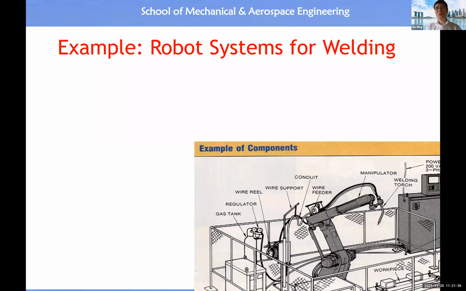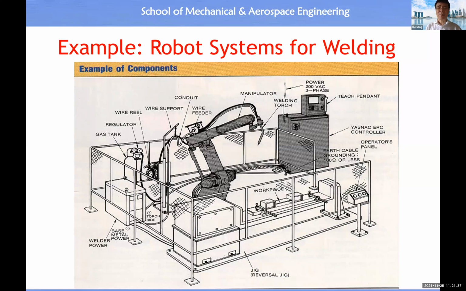So now I'm going to show you a typical example of a robot system in manufacturing. Here you see a system which consists of a mechanical system of a robot, in this case a robotic arm, plus a control system of the robot. You see, this looks like a robot's brain. You may also have the tool system for welding, etc. Then you may also have the system for the workspace.